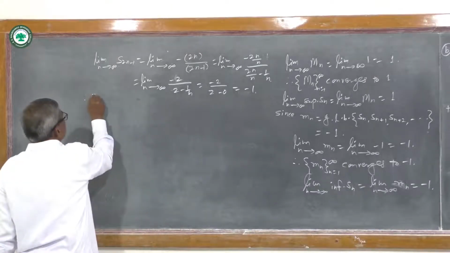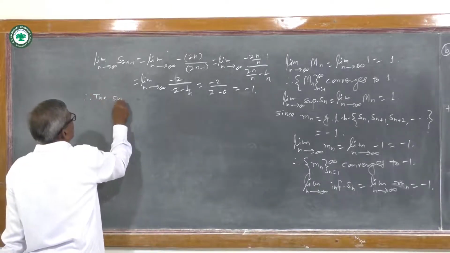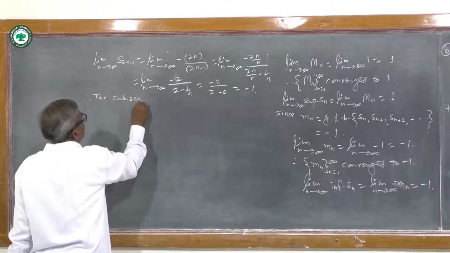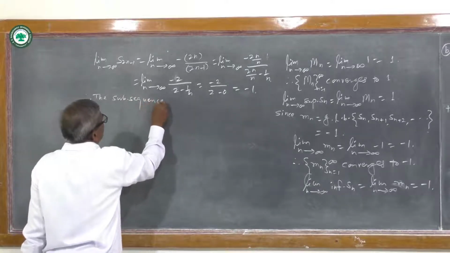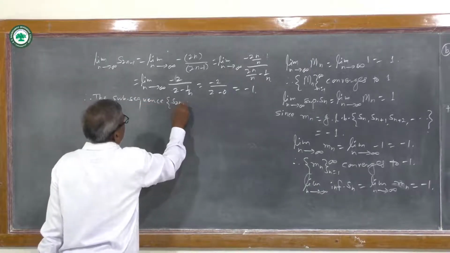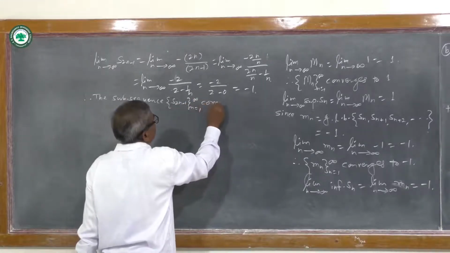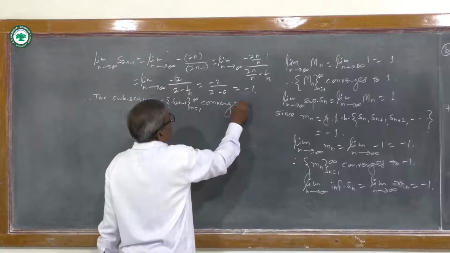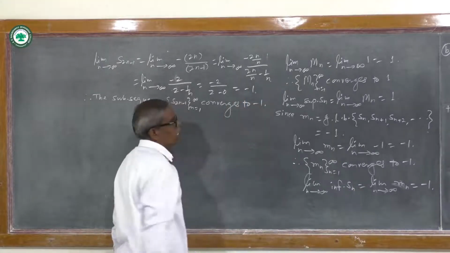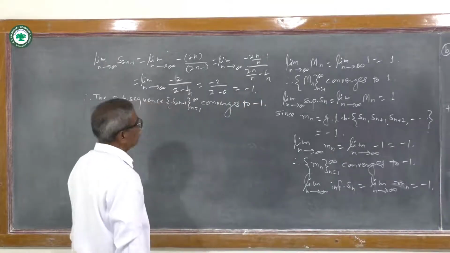Therefore, the subsequence S suffix 2n minus 1, n is equal to 1 to infinity, converges to minus 1.